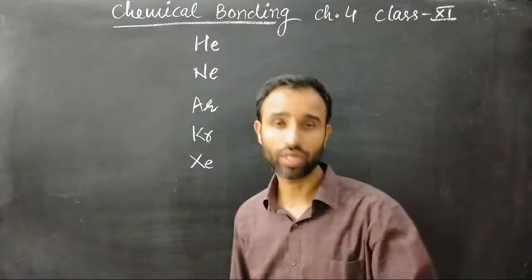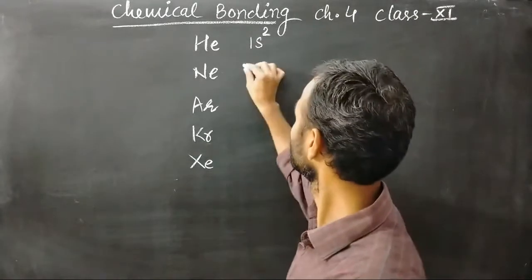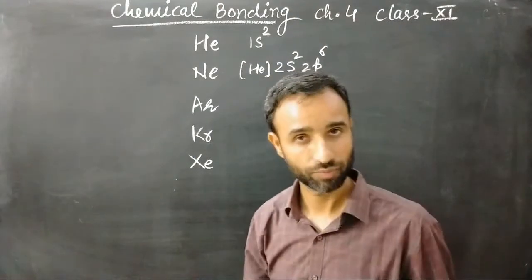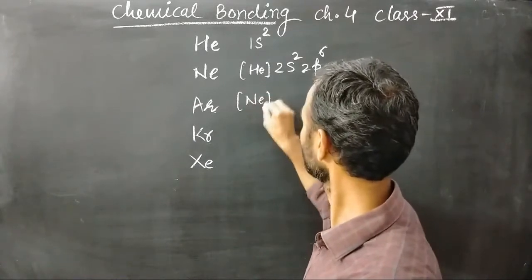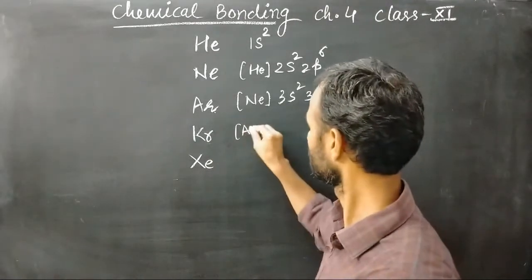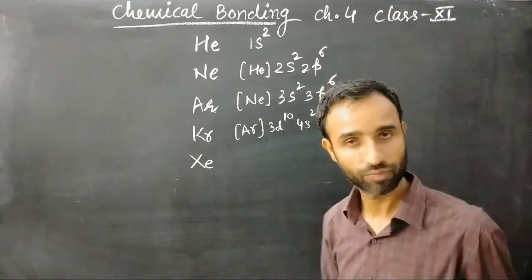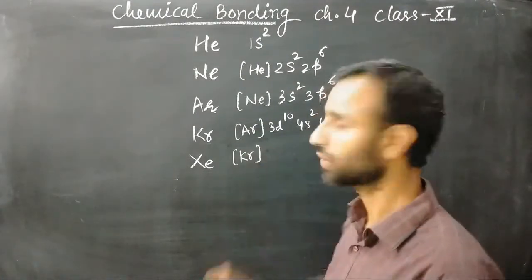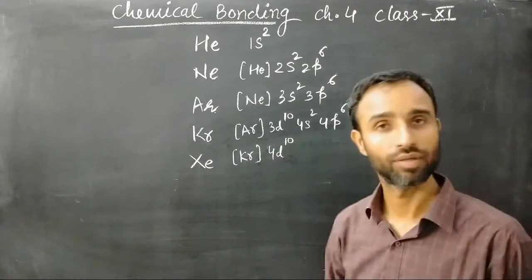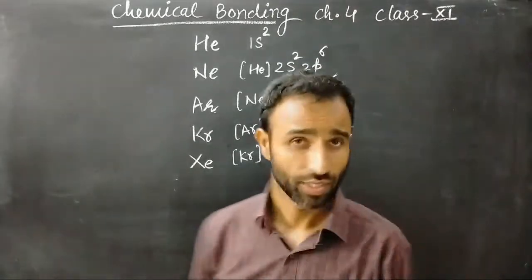When we see their configuration, helium is 1s2. Neon is 2s2 2p6. Argon is 3s2 3p6. Krypton is 3d10 4s2 4p6. Xenon is 4d10 5s2 5p6. Likewise, so you can see the pattern.